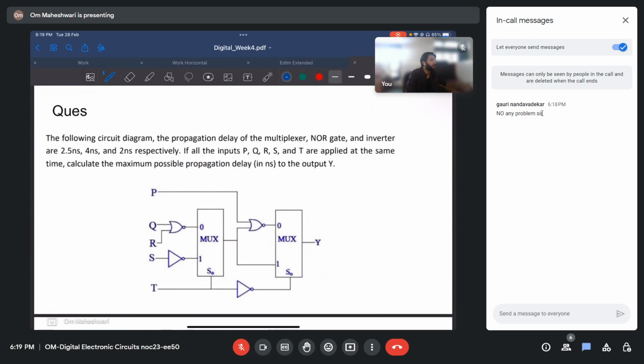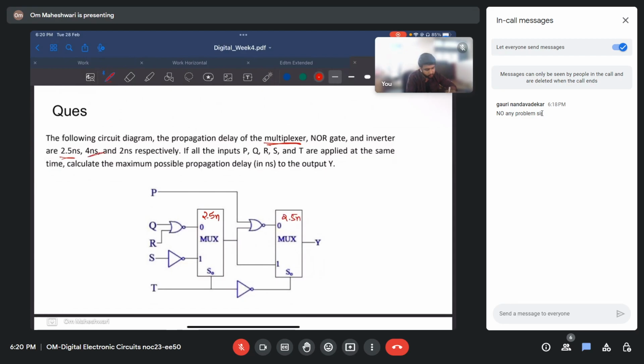Okay, the next question is, in the following circuit diagram, the propagation delay of multiplexer, NOR gate, inverter, and this. If inputs P, Q, R, S, T are applied at the same time, calculate the maximum possible propagation delay in nanoseconds to the output Y. So we have to find the propagation delay for output Y. Let us take a multiplexer, 2.5 nanoseconds.